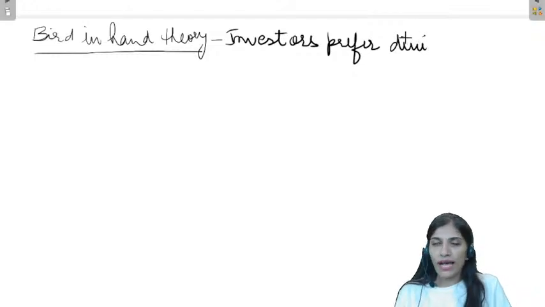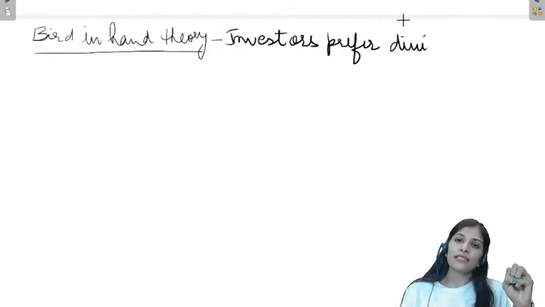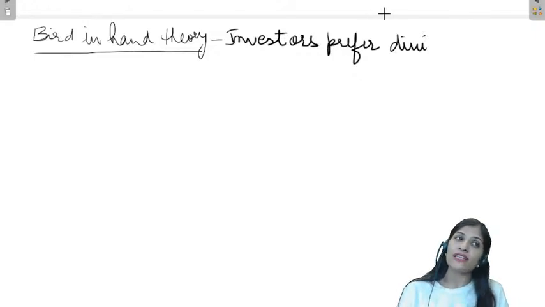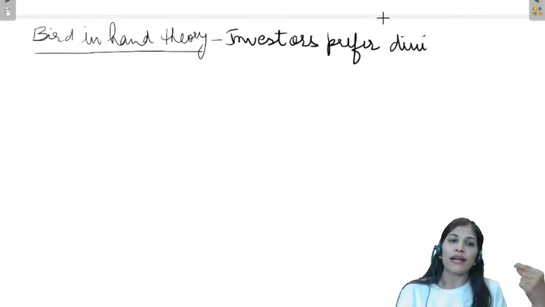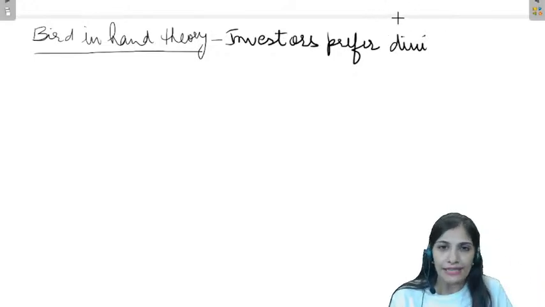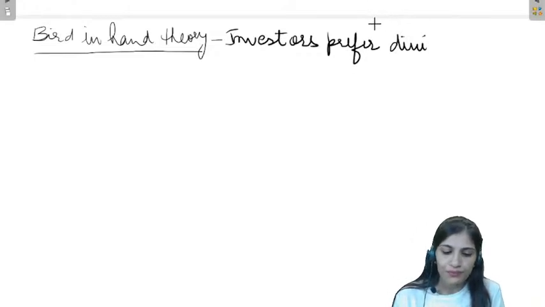See, sometimes what happens is bird in hand का meaning है, bird in hand means when we prefer the things which are in our hands currently. We won't consider the things receiving after 1 year. See, if I'm getting 1 rupee right now, and if I'm getting 1 rupee after a year, the value of that 1 rupee would be 0.90 only. So that is known as bird in hand.